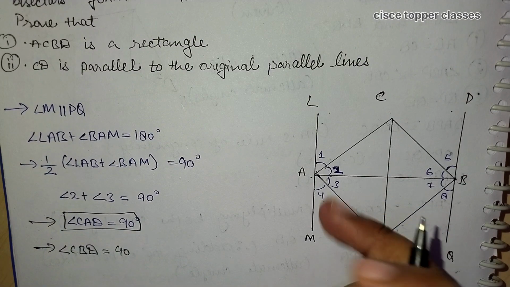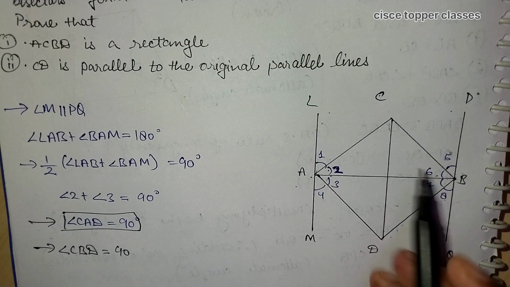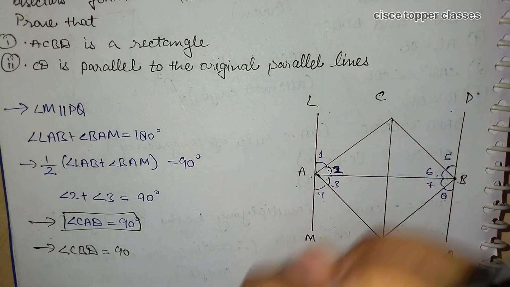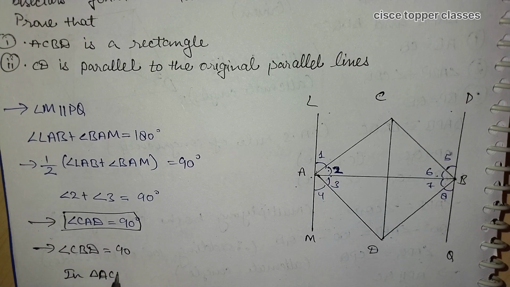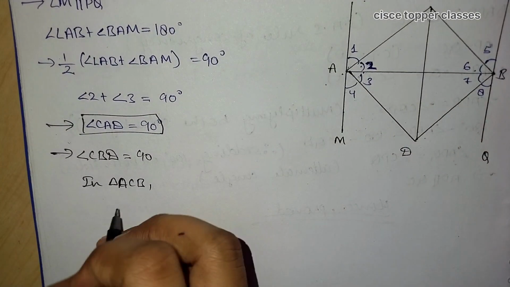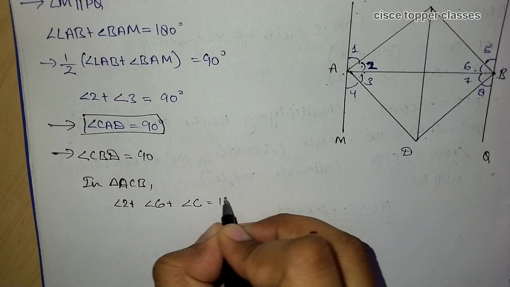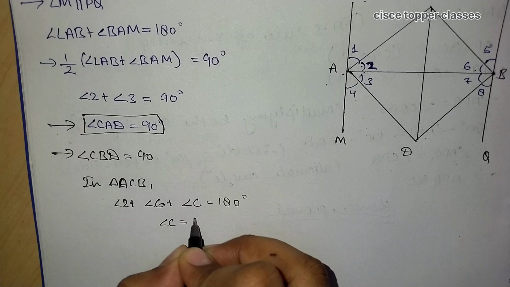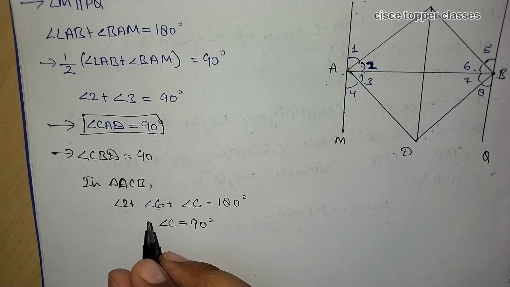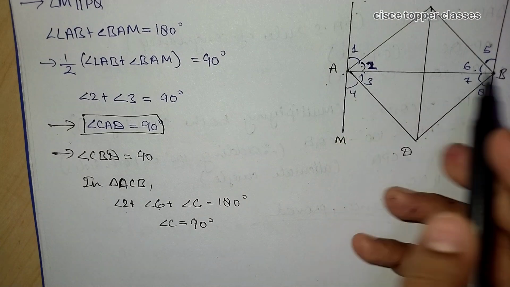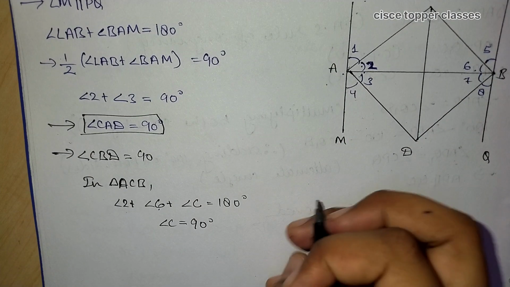And now in triangle ACB, we can say that angle 2 plus angle 6 plus angle C is equal to 180 degree because it is a triangle. So in triangle ACB, we can write angle 2 plus angle 6 plus angle C is equal to 180 degree, and angle C is equal to 90 degree, because angle 2 plus angle 6 will be 90 degree, as angle LAB plus angle ABP is equal to 180 degree.